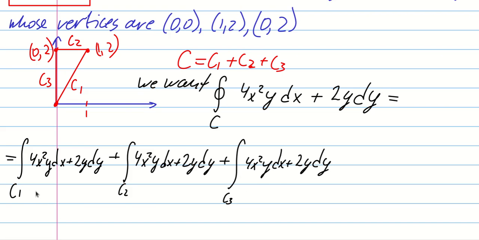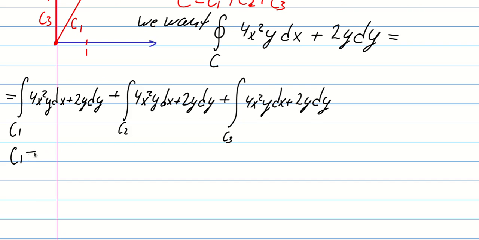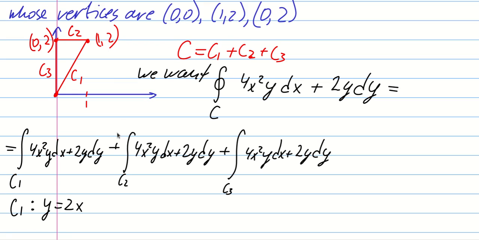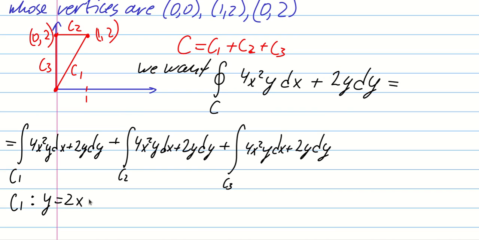So let's start with C1. In C1 we have y equals 2x. So we calculate the slope. The slope is rise is 2, run is 1. So it's 2 over 1 times x because the y-intercept is at 0. So that means y equals 2x. And we need to parameterize it.